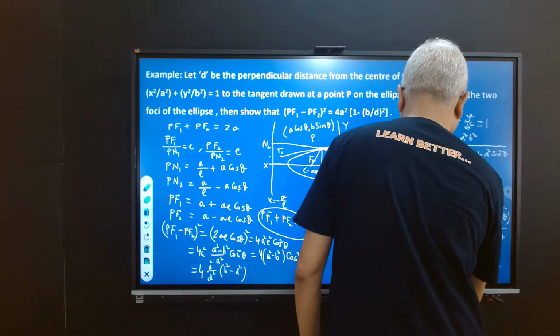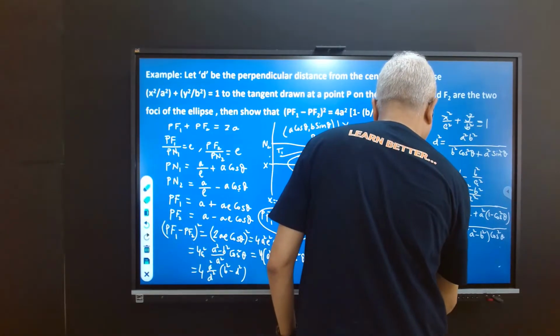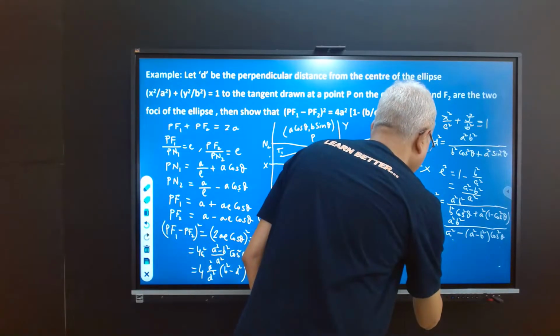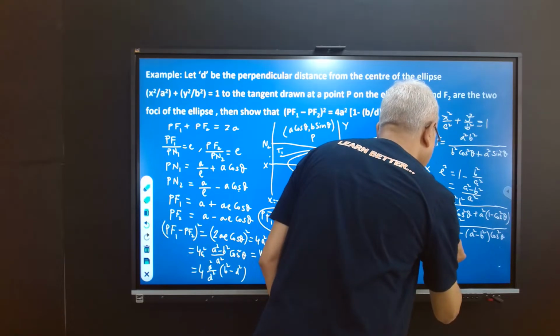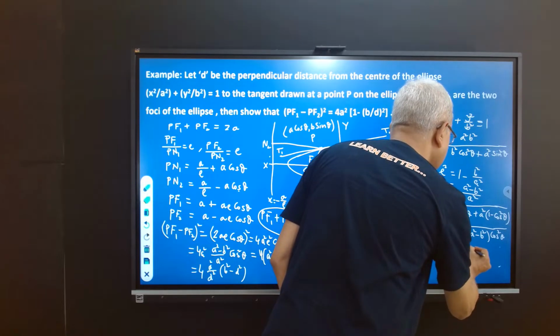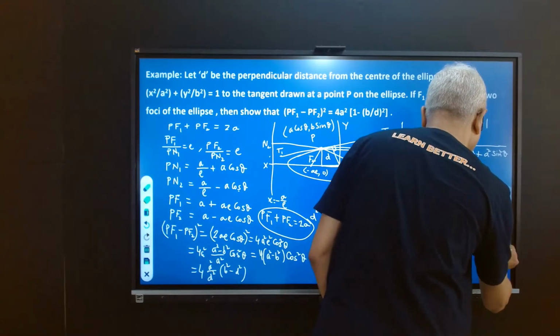So from there it is a square b square minus b square cos square theta is equal to a square b square.